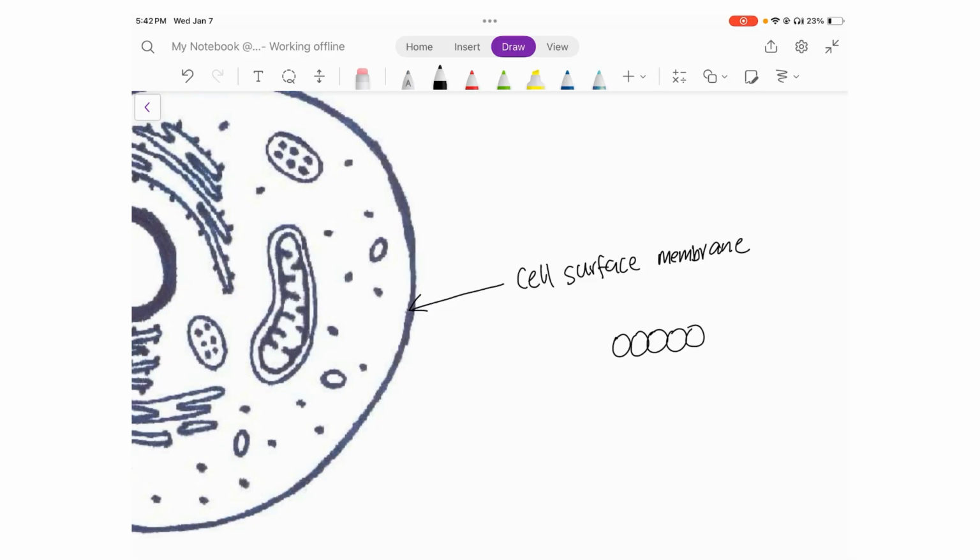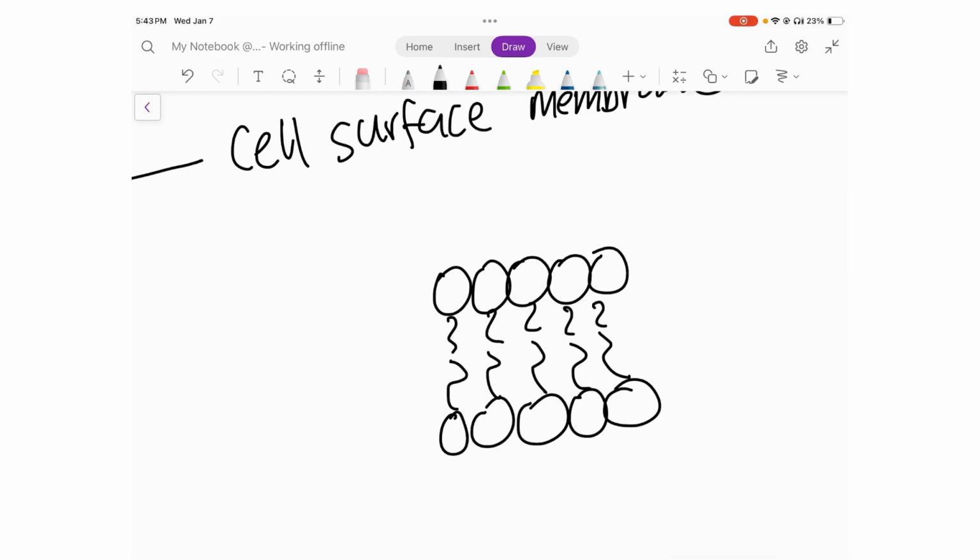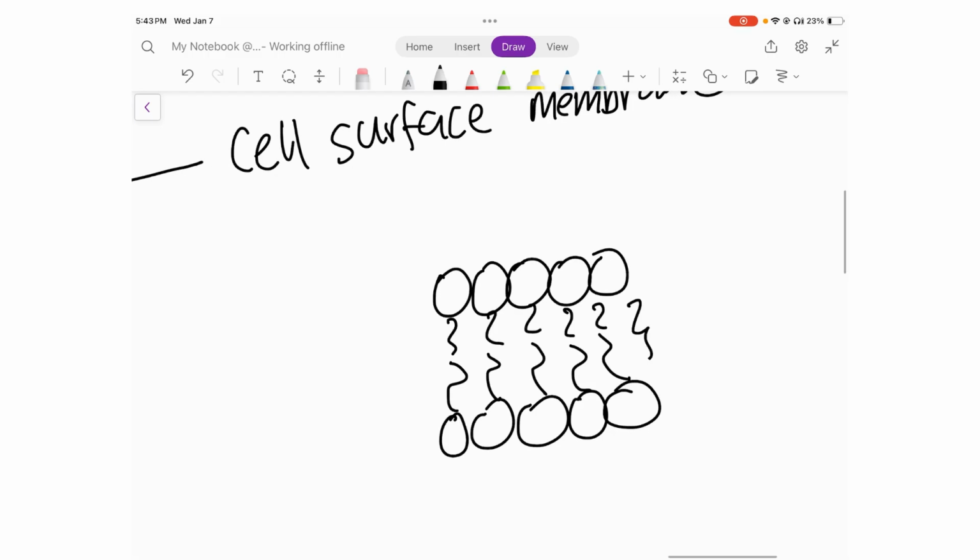We will be exploring this in better detail in cell surface membranes and transport, but a phospholipid bilayer looks something like this, with a hydrophobic core from their hydrophobic tails.